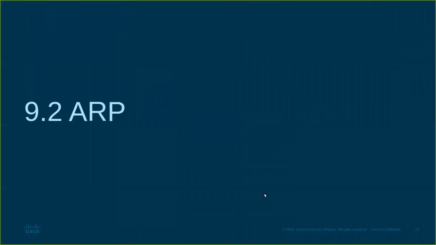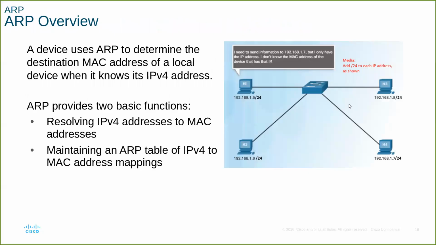So next one is ARP. What does ARP stand for? ARP stands for Address Resolution Protocol. So an overview of ARP: a device uses ARP to determine the destination MAC address of a local device when it knows an IP address.